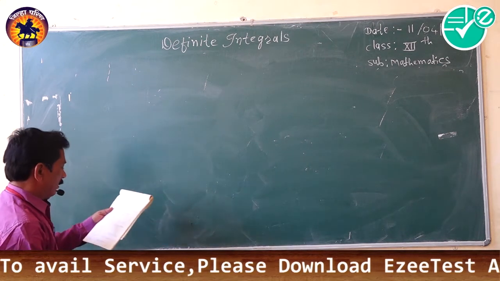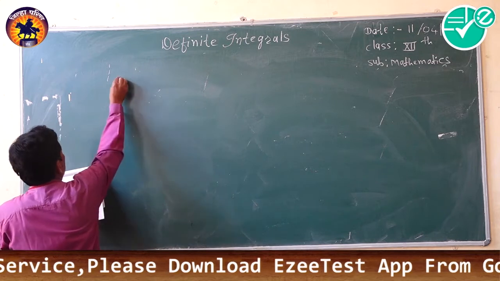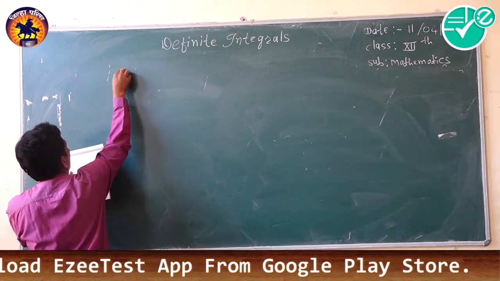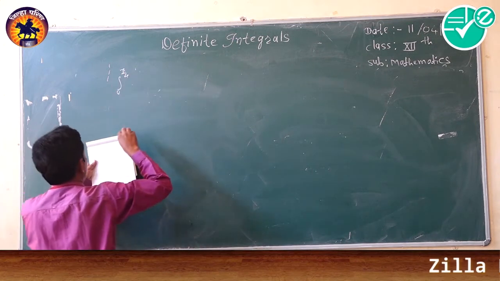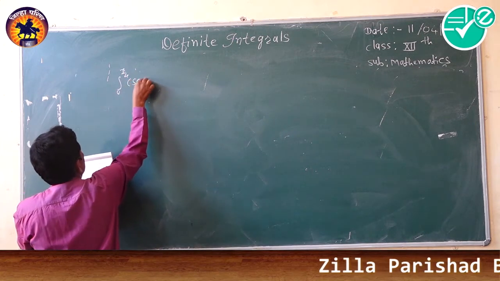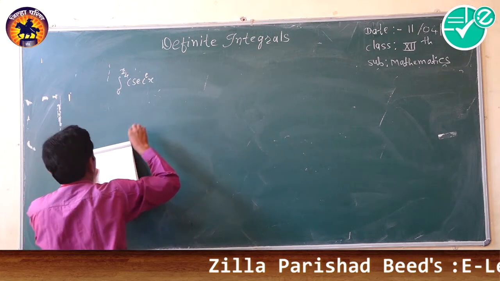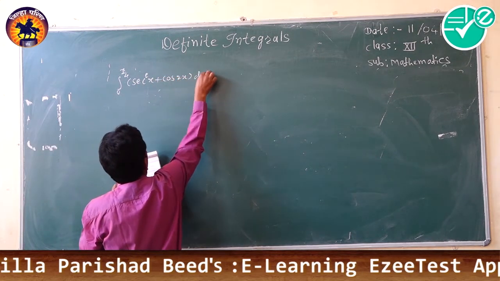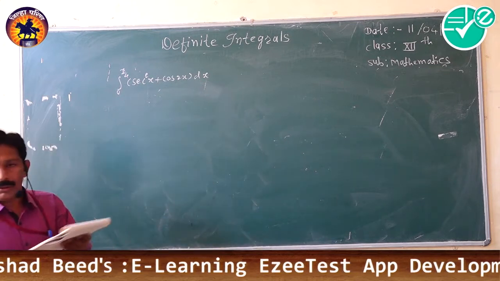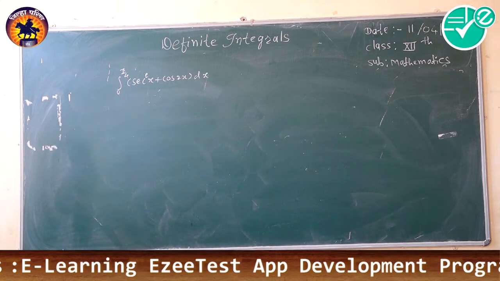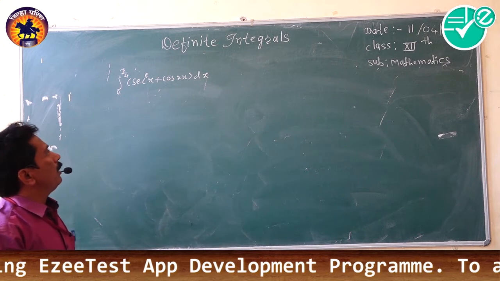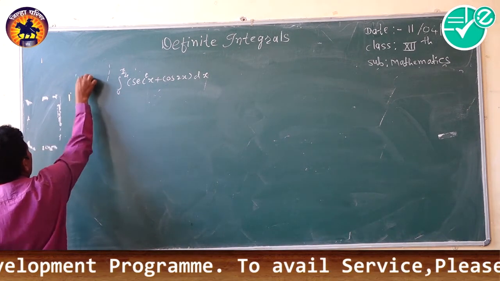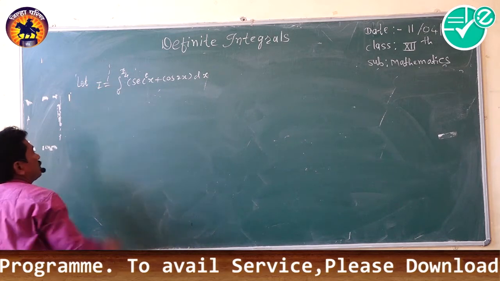Take down next example. It's integration from 0 to pi by 4 of (sec square x plus cos 2x) dx. Now again let I is equal to this.